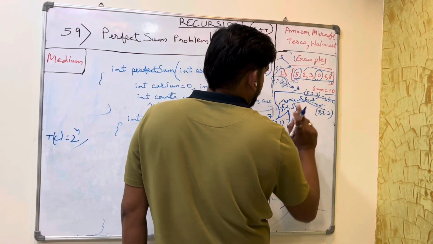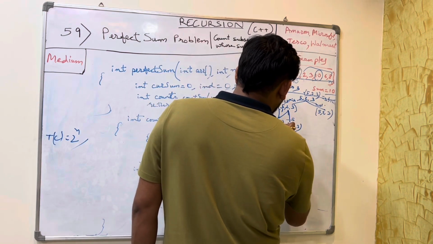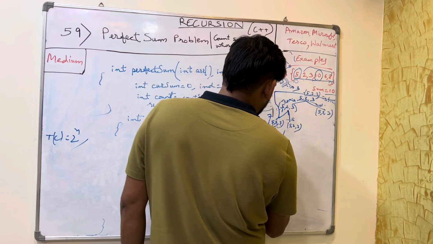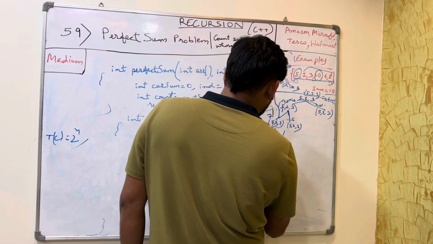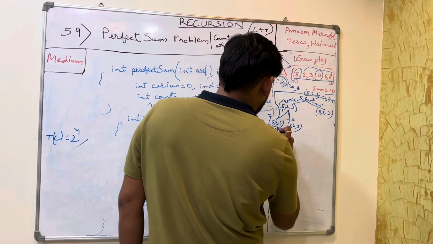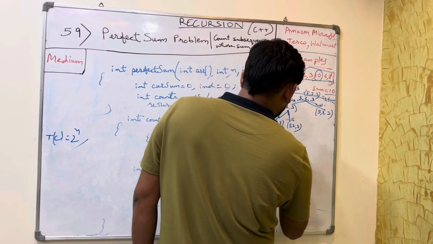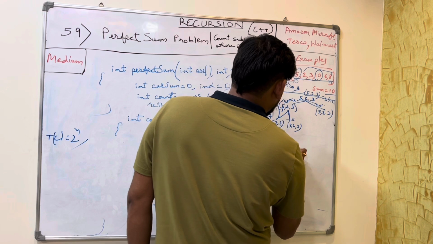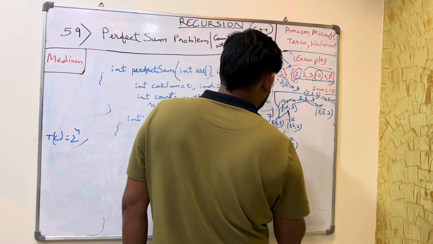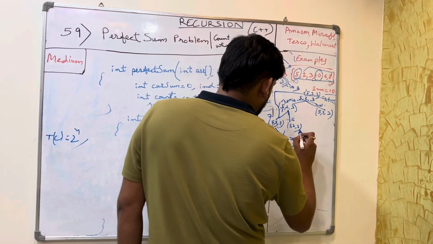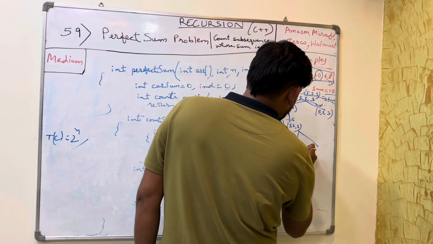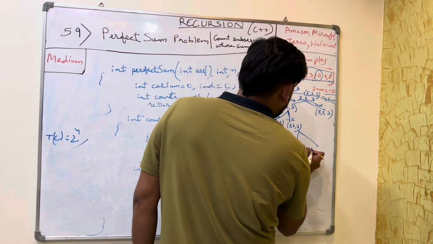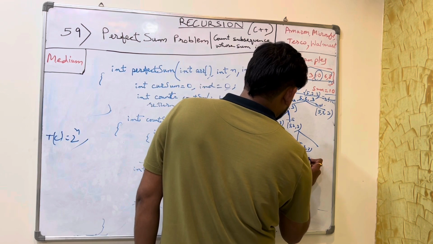Now we pick the 3, so this one becomes 5, 2, 3 and the sum becomes 10. Here we have not picked the third one, so the sum remains 7 only. In this case 2 was not picked and then we pick 3, so the sum becomes 8.